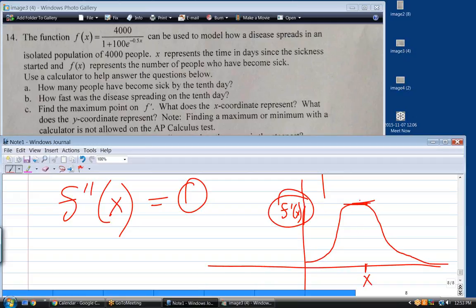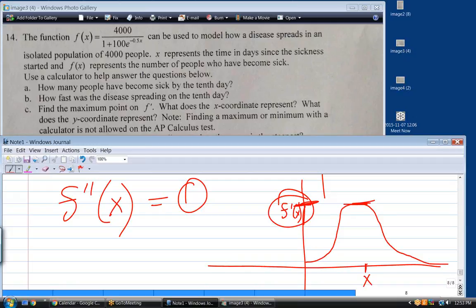In other words, when we find this maximum right here, we're finding this point right there. Remember that the vertical axis is the rate of change. So the disease is spreading the worst after x number of days, and its rate of spread is the y-coordinate of that.